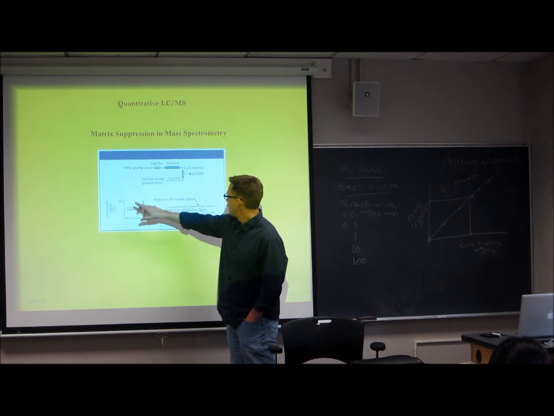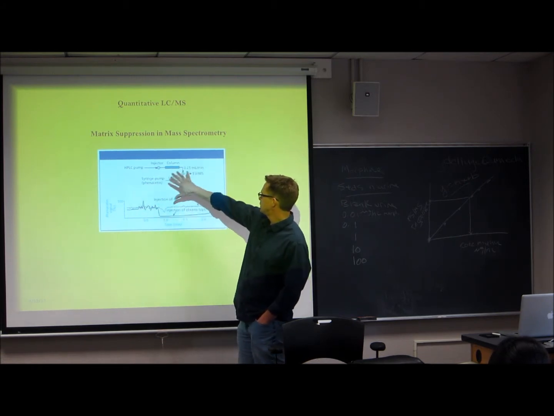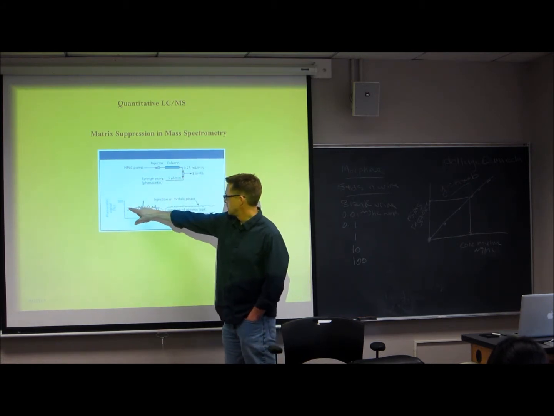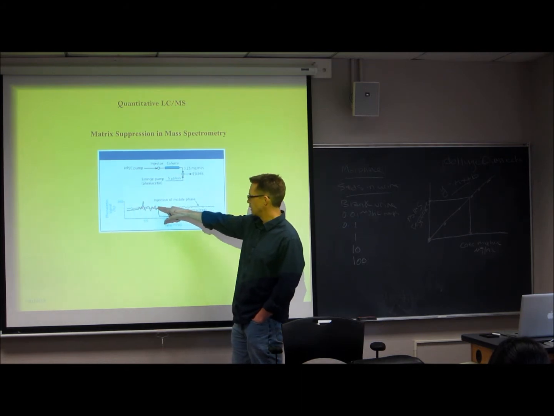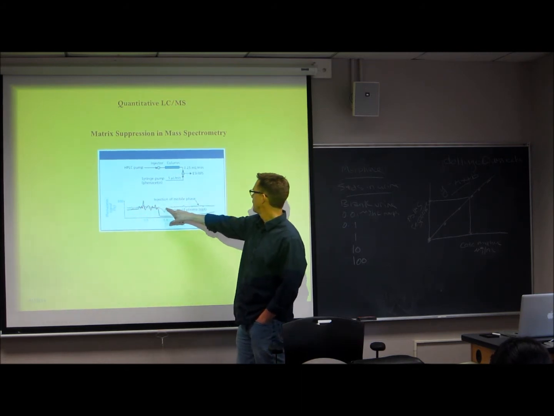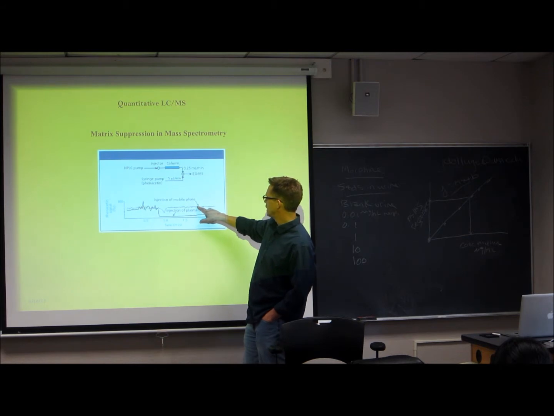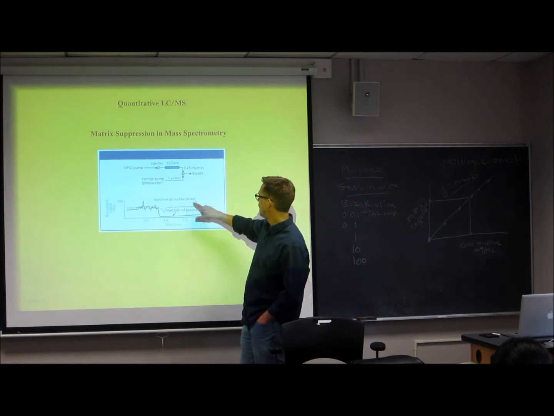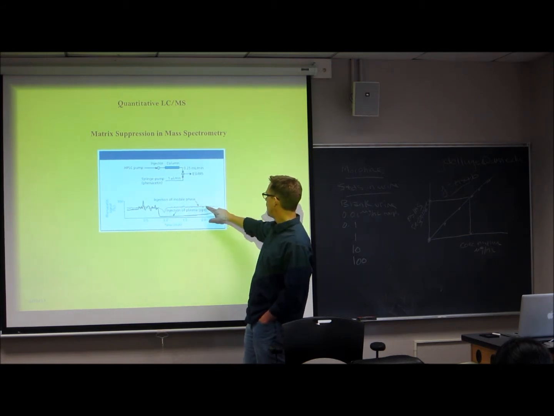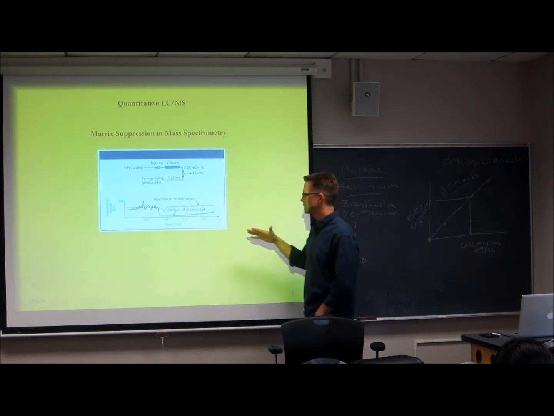So if it's just being infused with HPLC mobile phase, you have this nice constant total ion signal for phenacetin. And then you do an injection of mobile phase onto the LC pump, and it has no effect on the overall signal of phenacetin.